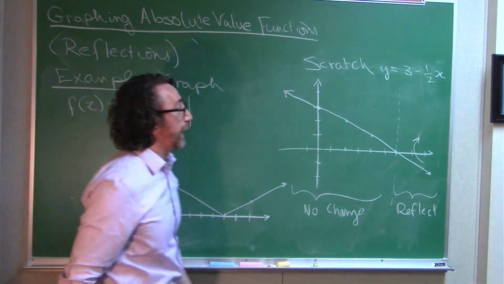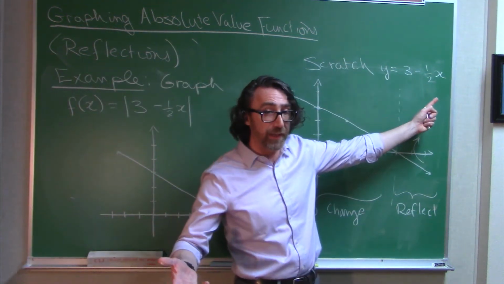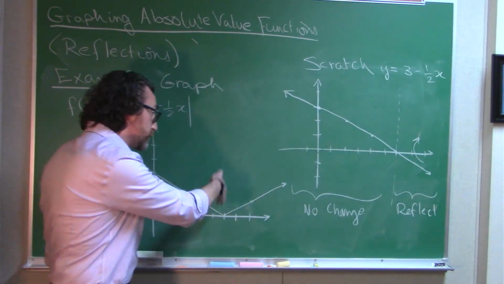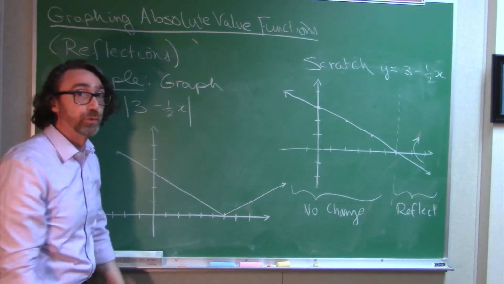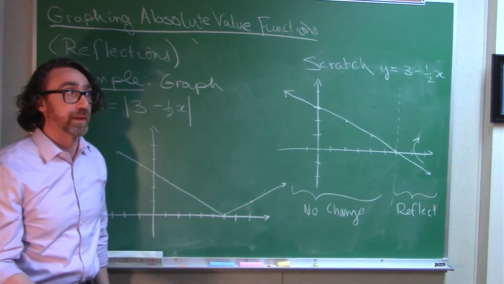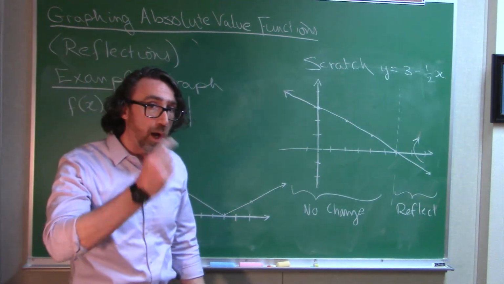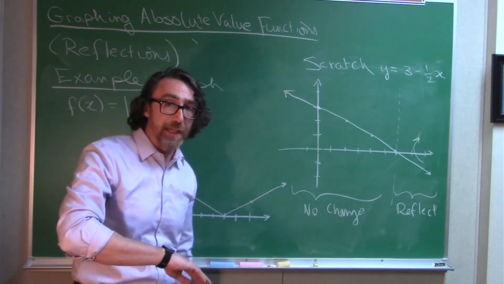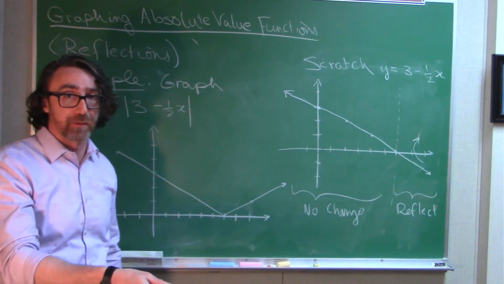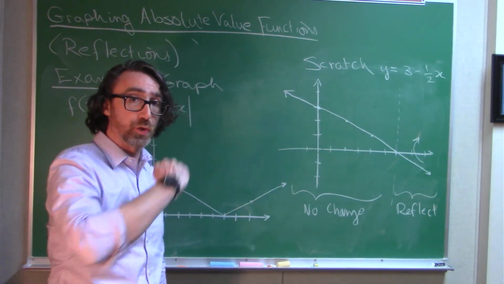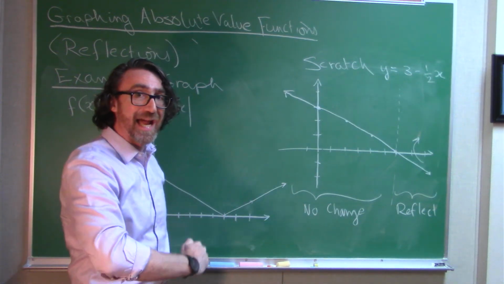So if you can get the graph of 3 minus 1/2 x, which we know how to do because it's a linear function, then you can use that to get the graph of absolute value of 3 minus 1/2 x. What you need to do is figure out where the y values would change from positive to negative. If the y values are negative, then you need to reflect across the x-axis.